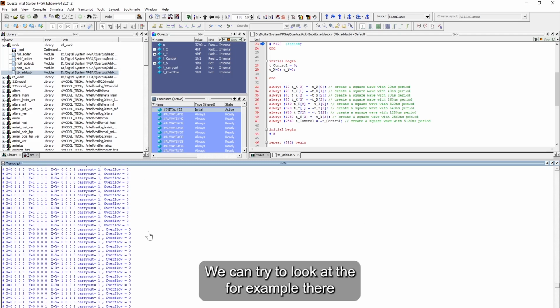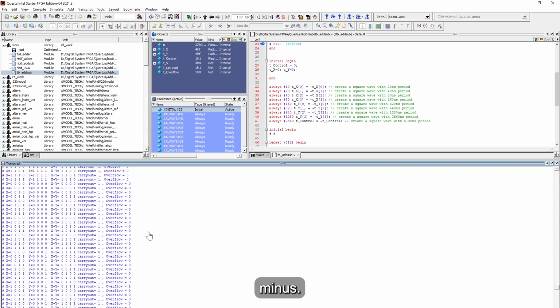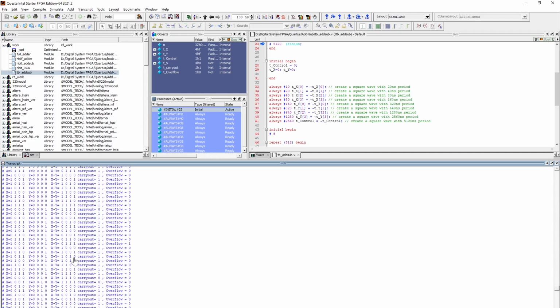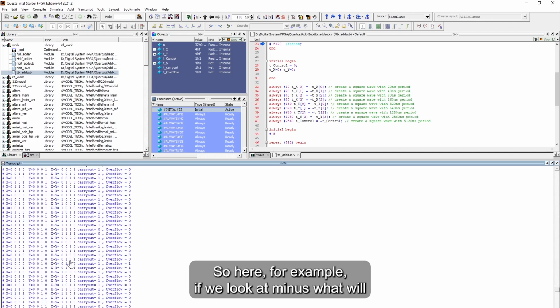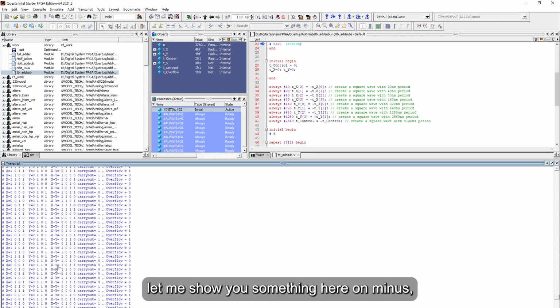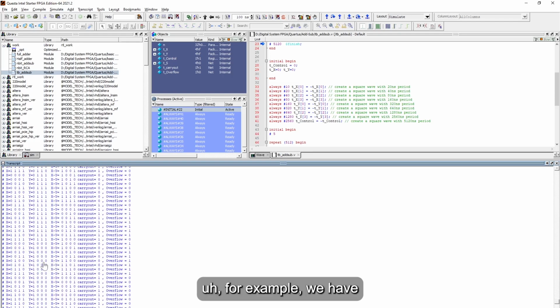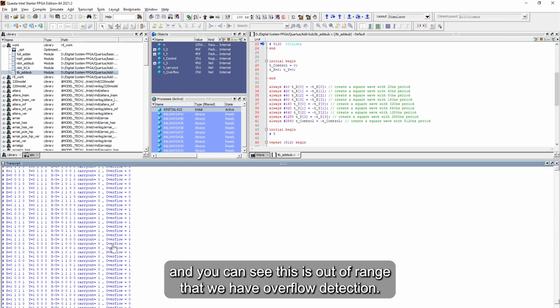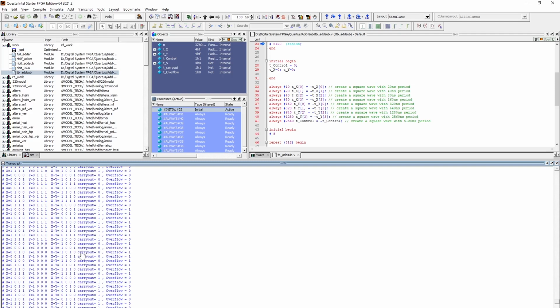We can try to look at, for example, the minus. Let me show you something here on minus. For example, we have 0 minus 8. So we can see it should be plus 8, and you can see it is out of range, so we have overflow bit detection.